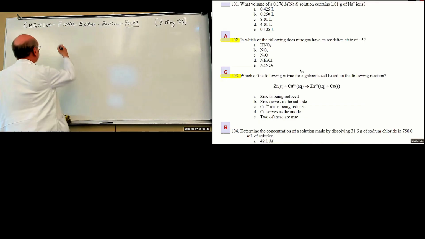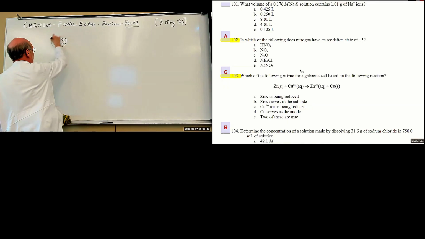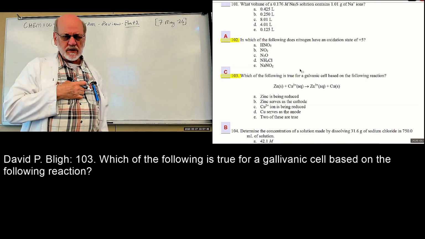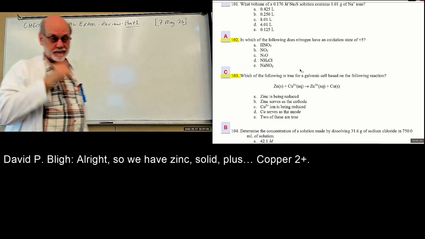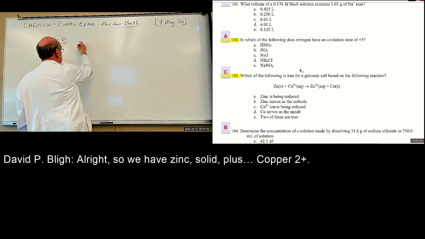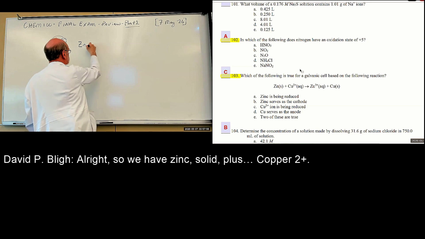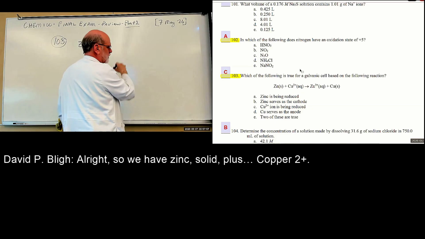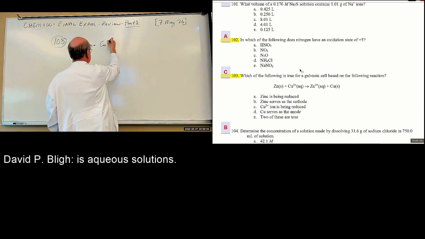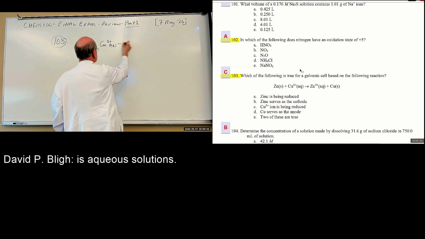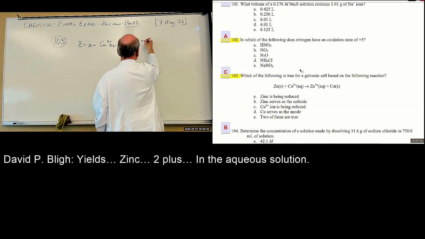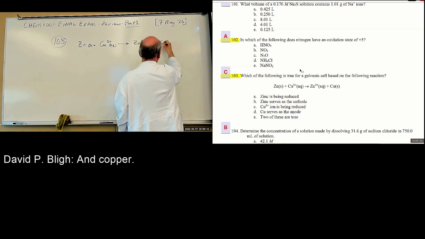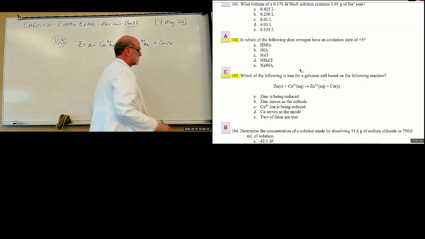All right, 103. Which of the following is true for a galvanic cell based on the following reaction? All right. So we have zinc, solid, plus copper 2 plus in aqueous solution yields zinc 2 plus in the aqueous solution and copper solid.